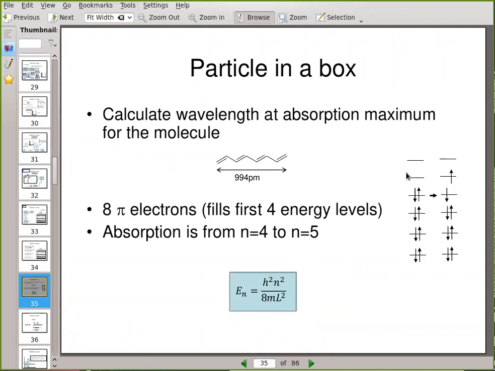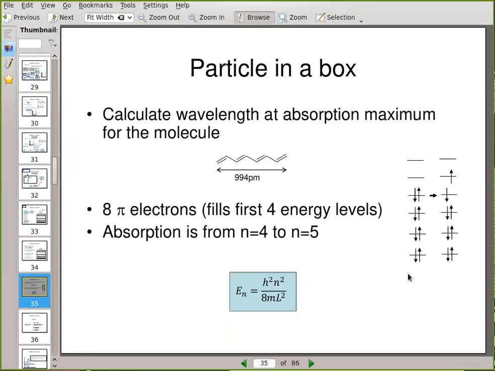But there's not just one pi electron. Can we count the pi electrons? We're going to have 2, 4, 6, 8 pi electrons. And of course, those 8 pi electrons are going to fill the first 4 energy levels. So in our box, in n equals 1, those first 2 electrons will go into the bottom, and then the next 2 electrons will go into the next, and so on. And we've got 4, so the first 4 energy levels are filled.